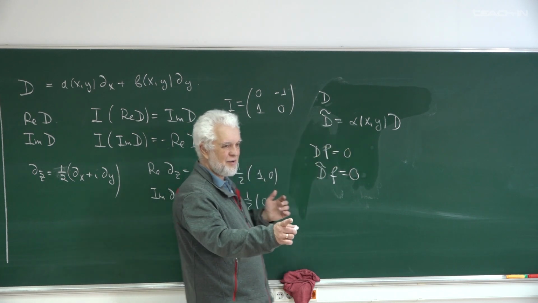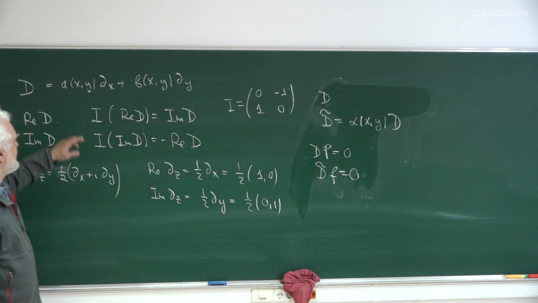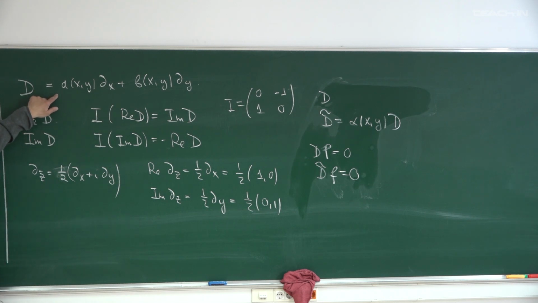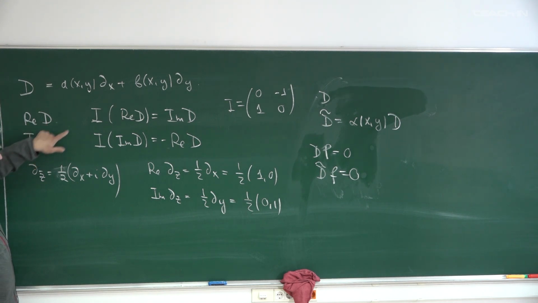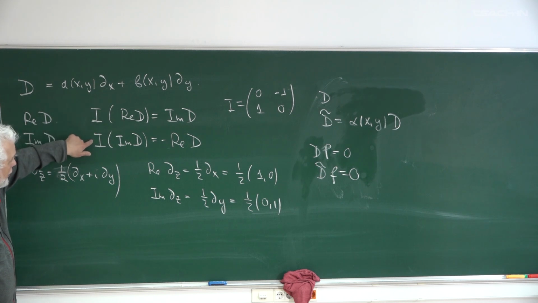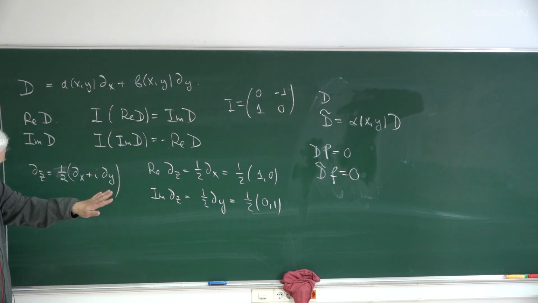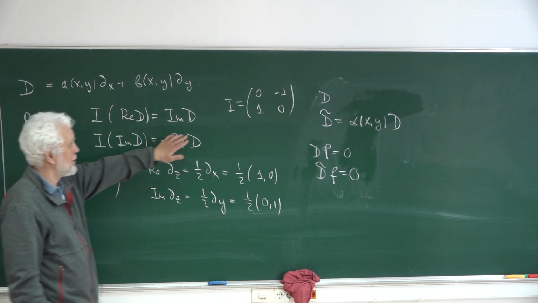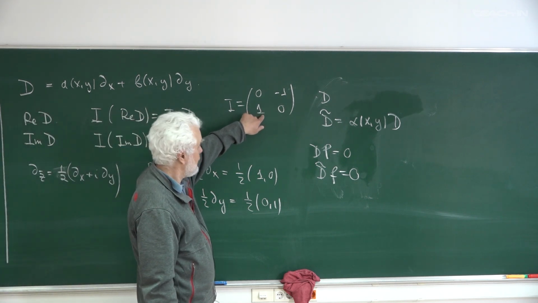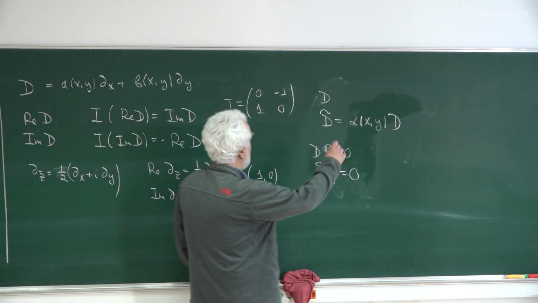I'm sorry, I answered your question in some sense: as soon as we have a first order operator, then we introduce a real and imaginary part. There are two vectors at each tangent space. Then we introduce I. Therefore, this formula defines a quasi-complex structure. Vice versa, if we have a quasi-complex structure, we introduce this operator.